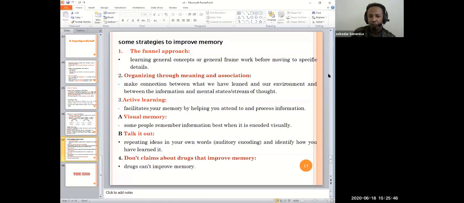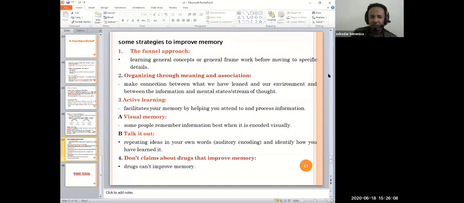So what we have to do is use the funnel approach. We have to have a general idea. If you're going to read chapter 1, read it all. Don't start to take notes. First, read all, and understand the general concept, the general points.